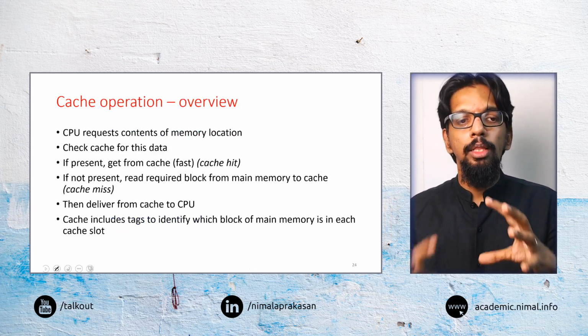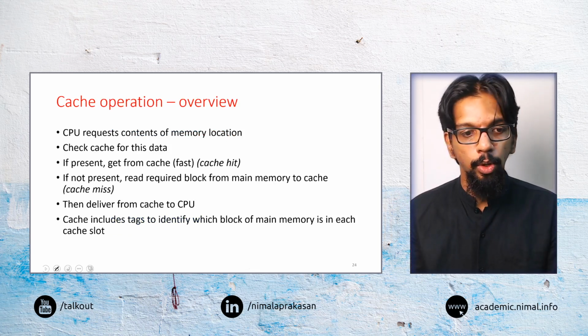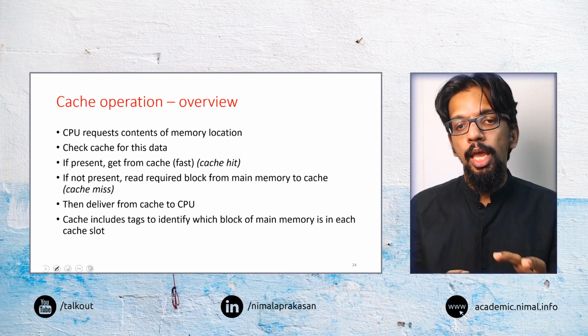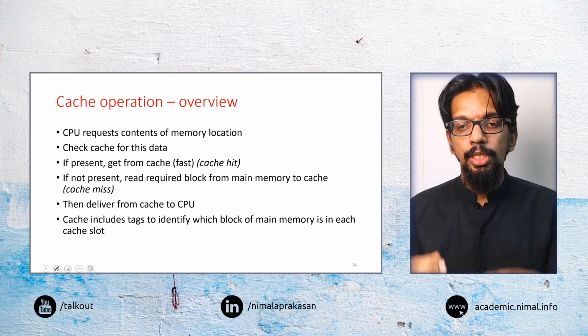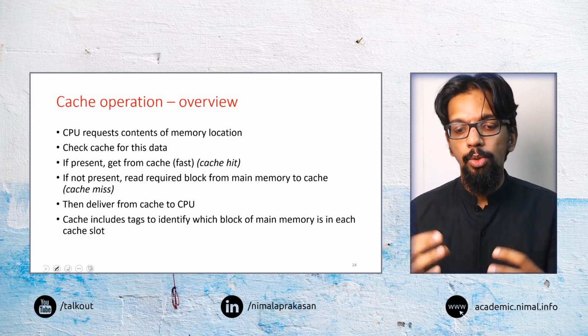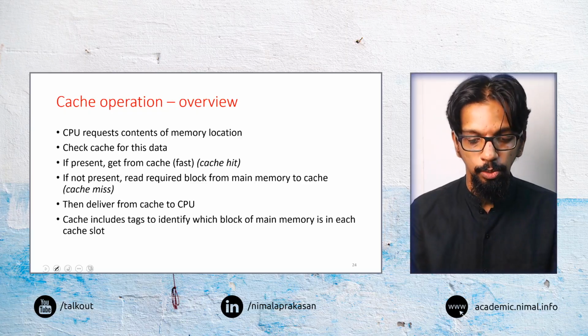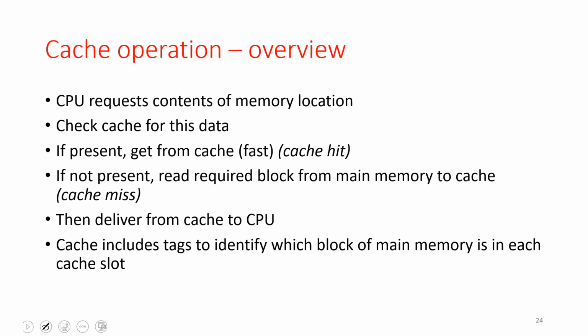So if we look at the main operation of caches, or how cache memory is going to operate, we can look at the steps it is going to go through in working out what is going to happen when a request is coming from the CPU. So initially the CPU is going to request a particular memory location.